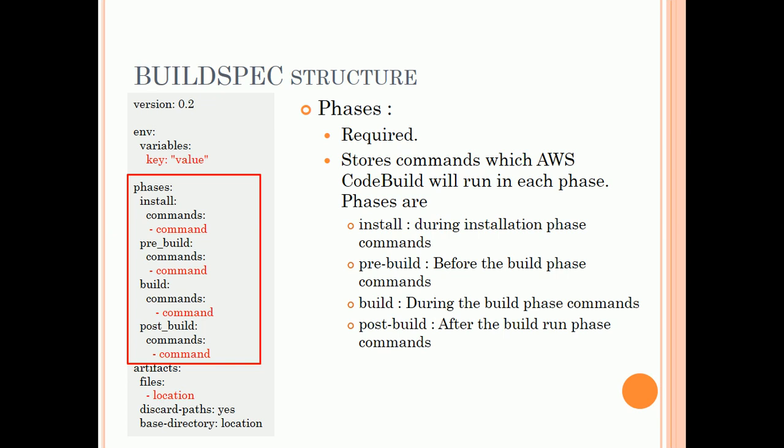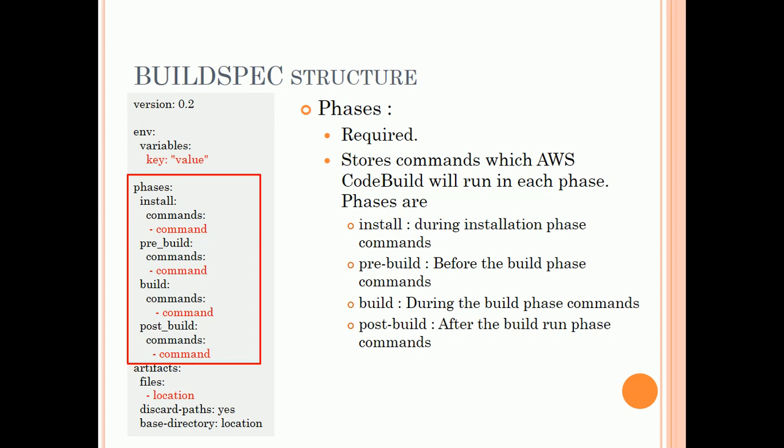Pre-build will store all the commands which we want AWS CodeBuild to run before the build phase. And the third phase is build. It will store all the commands we want AWS CodeBuild to run during the build. And post-build will store all the commands that need to be run after the successful build run.